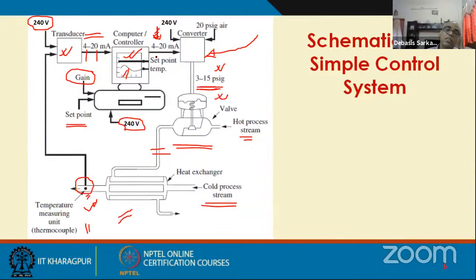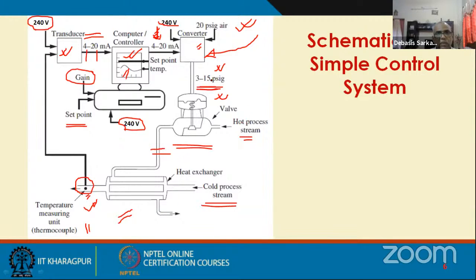Note that this converter also needs a power source, say 240 volt. In India, we have 240 volt. There are countries that work on 120 volt. And also the 20 psig air pressure is required for this converter.